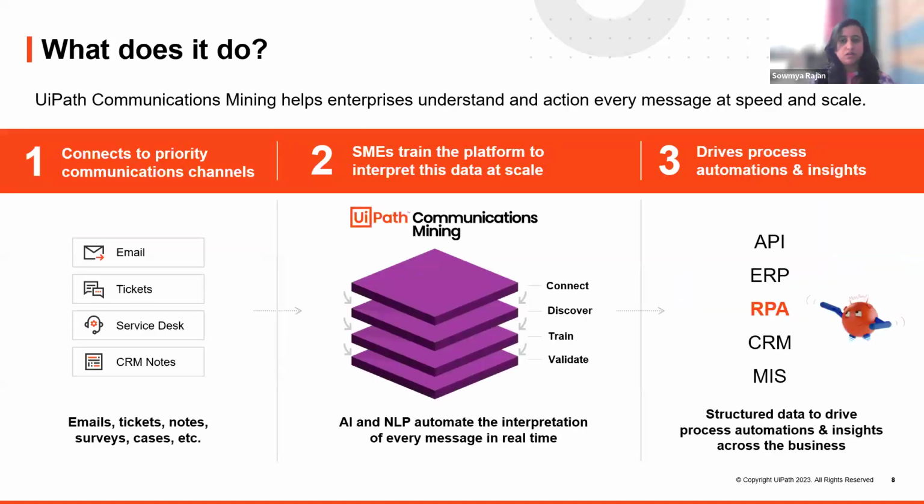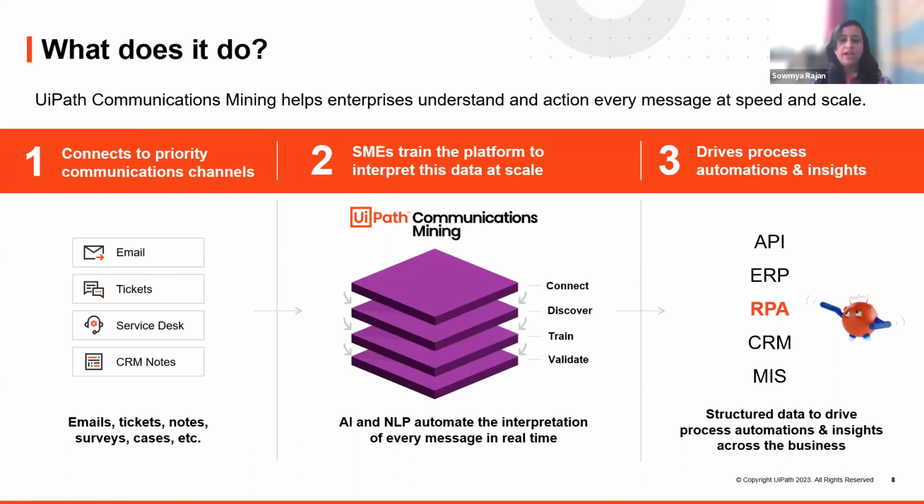So what does it do? How does it help across? UiPath communication mining helps enterprises understand and action every message at speed and scale. The basic thing is, it takes all these emails, tickets, or whatever data is coming up. It connects into the platform, and the business SMEs who know about these tickets, who know who's handling this process each and every day, will train the model.